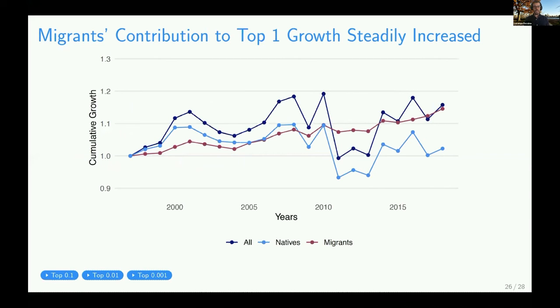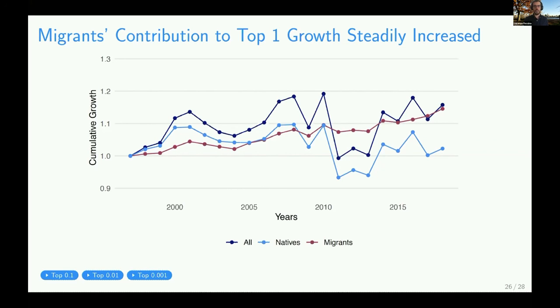And you can see that migrants, the red line, which shows the contribution of migrants to the increase in top income inequality, has been constantly increasing over the past 2 decades. While there are 2 clear periods in the trend in income inequality in the UK.